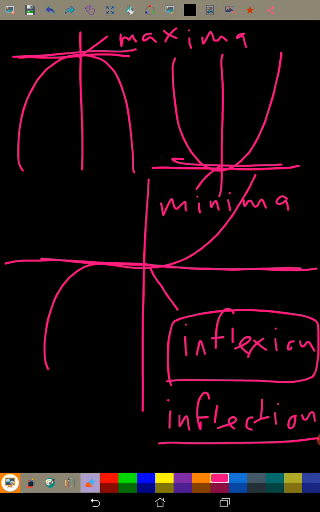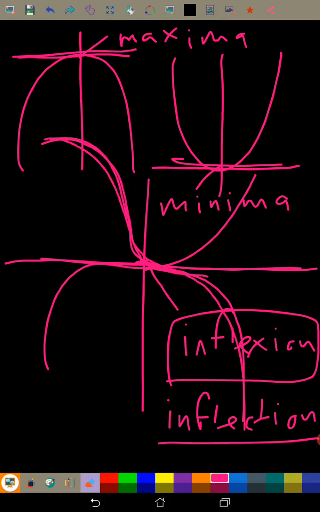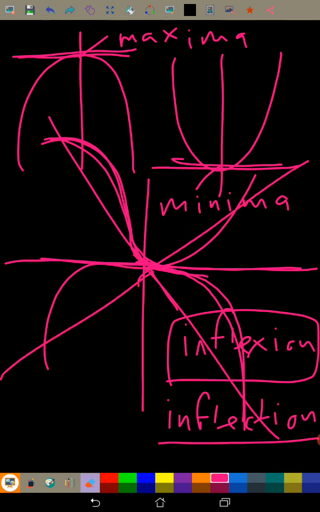So right now inflection is just when it's changing, but it can also, if I'm not mistaken, be like that. You know, like it's decreasing and again it's decreasing, and increasing.